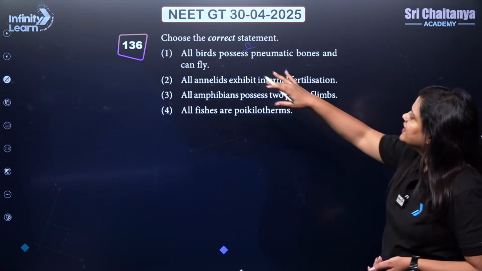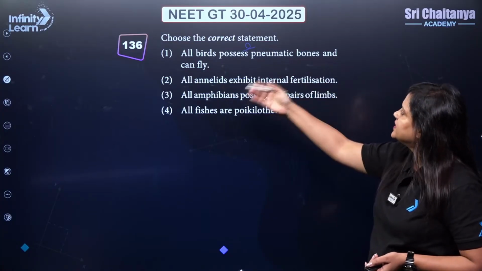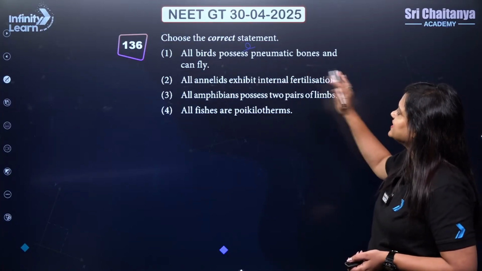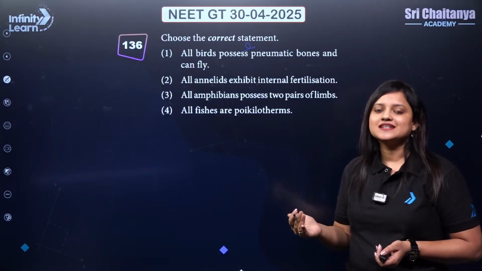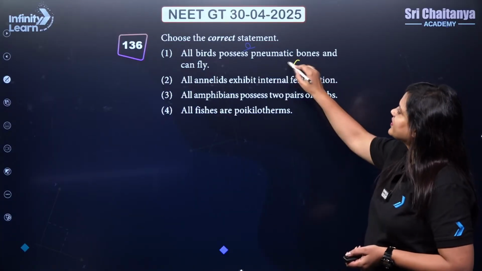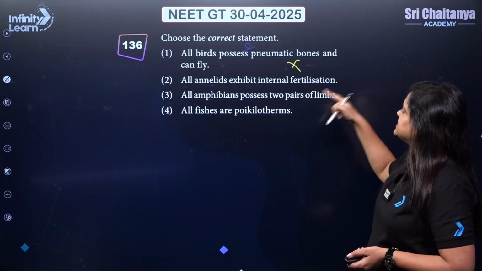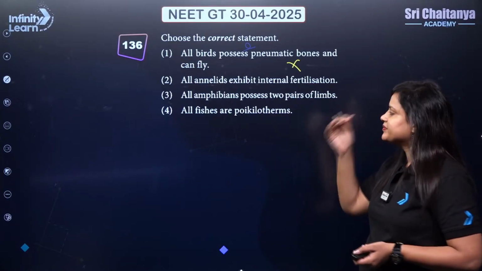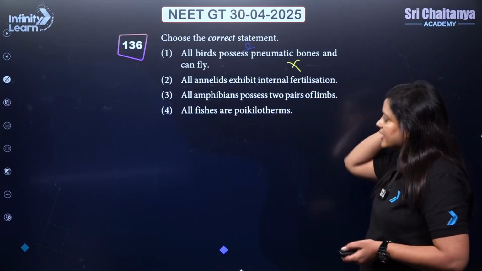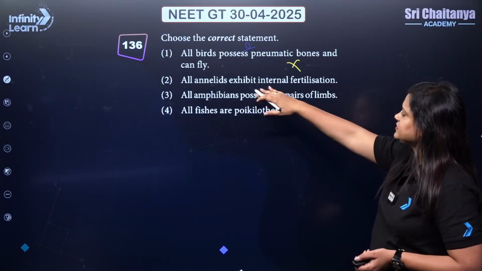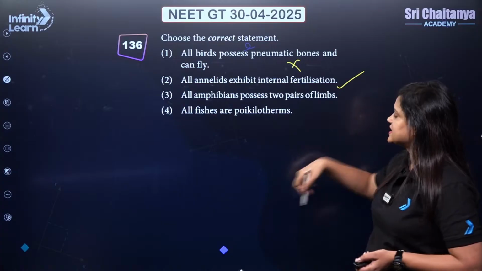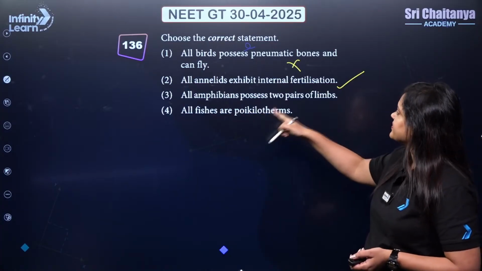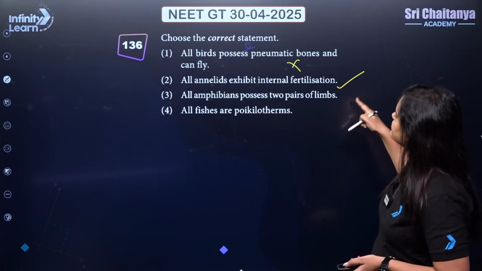Yes. Choose the correct statement. All birds possess pneumatic bone and can fly. So not all can fly. There are flightless birds as well. All annelids exhibit internal fertilization. Remember that in annelida, they are saying that there will be internal fertilization. So that is correct. All amphibians possess 2 pairs of limbs.